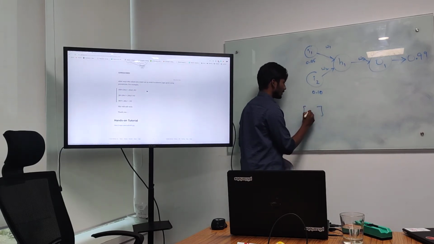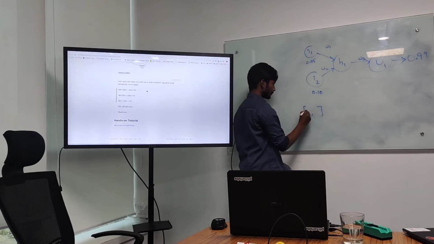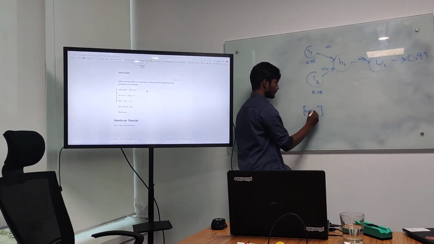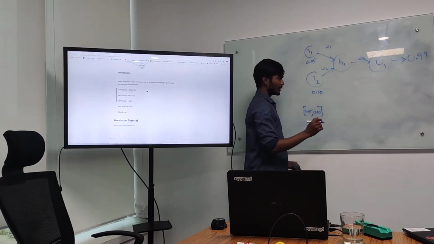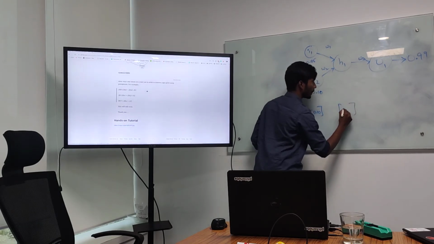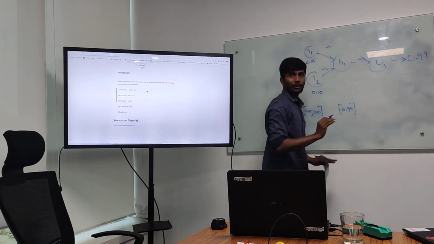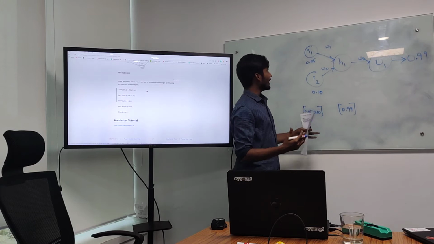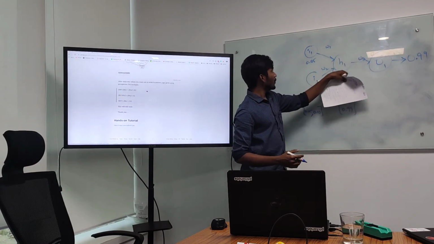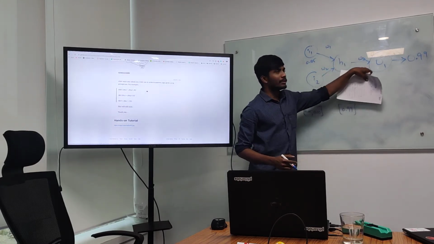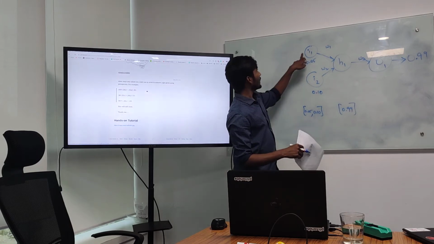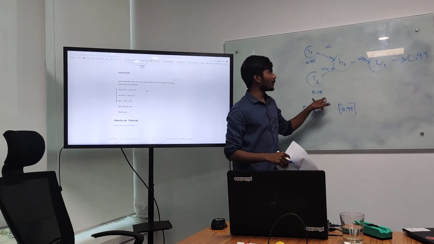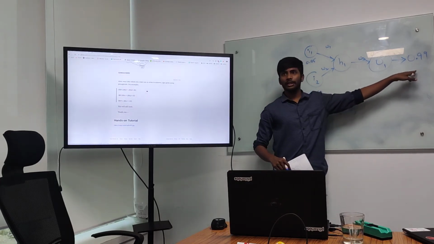Input is some p comma q, which is 0.05 comma 0.10, and my output should be 0.99. So my idea is to figure out these weights W1, W2 and W3 in such a way that whenever I give input as 0.05 and 0.10, my output should be 0.99.